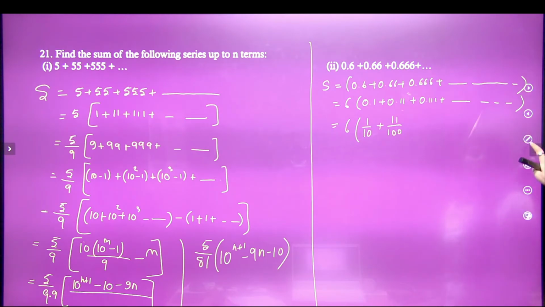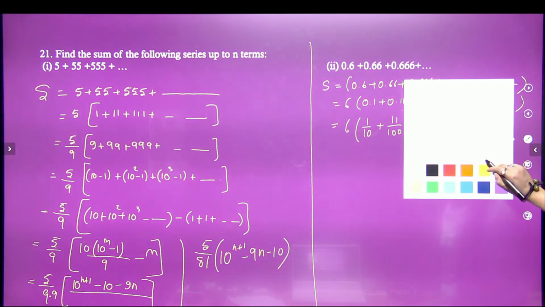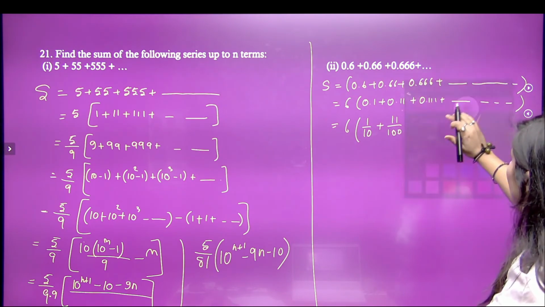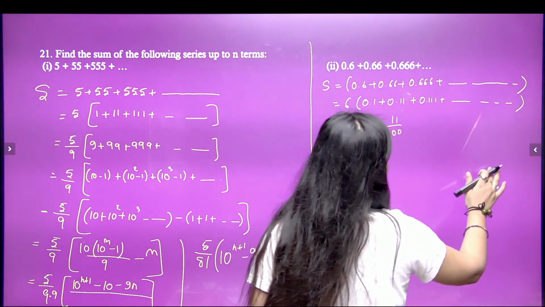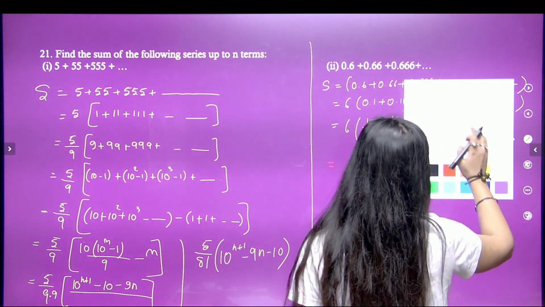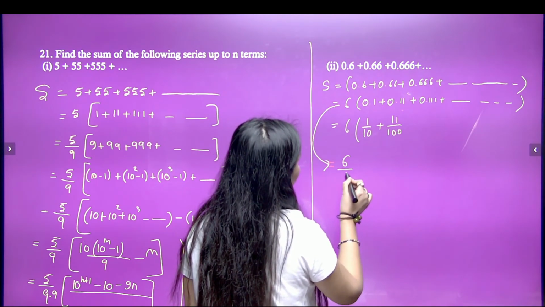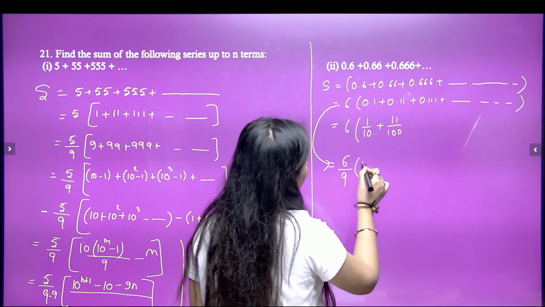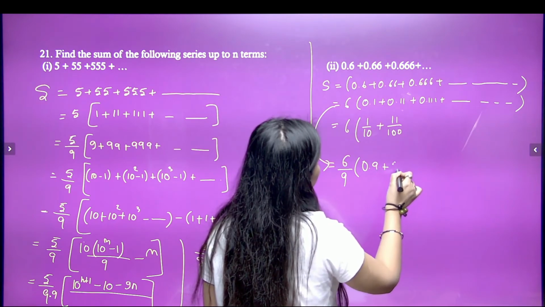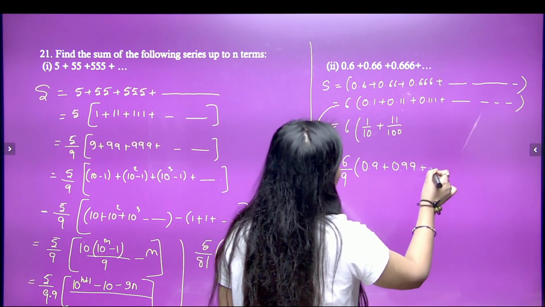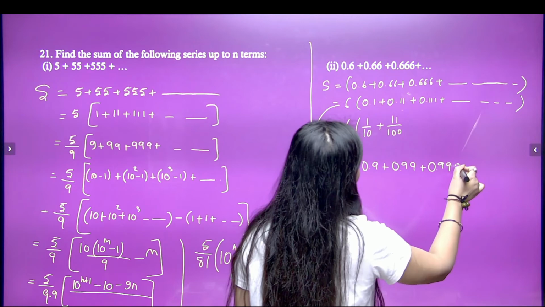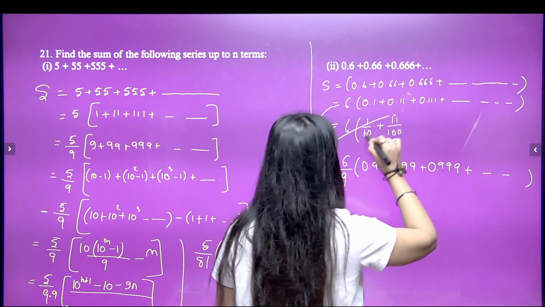Or we can write it as 6 by 9 into 0.9 plus 0.99 plus 0.999, and it goes on like this.